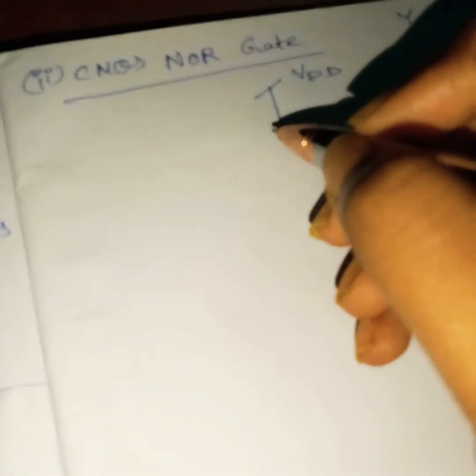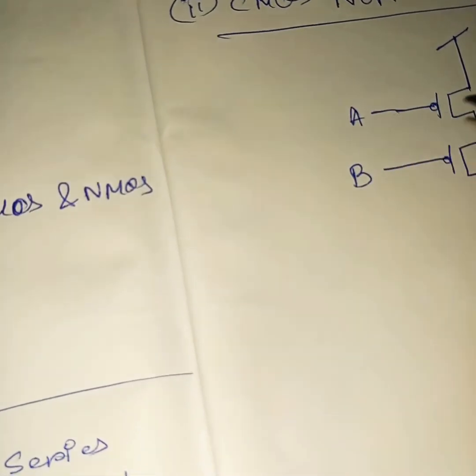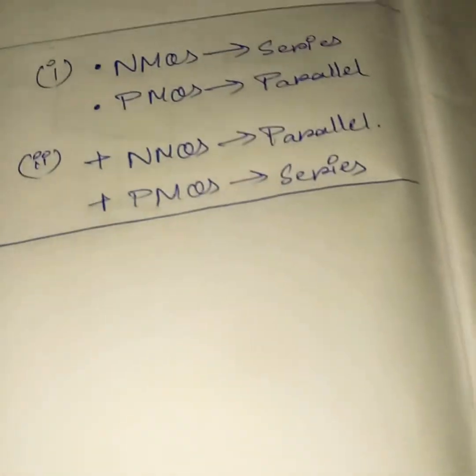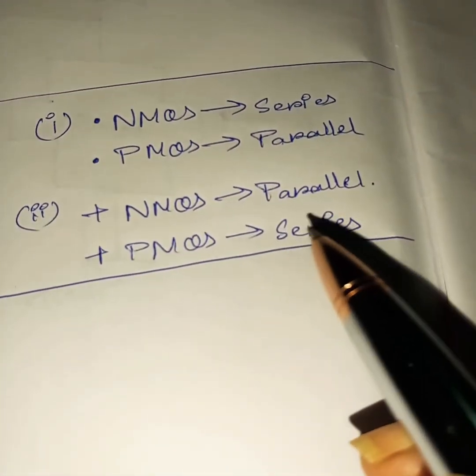Now A and B should be connected in series like this. So for PMOS there will be bubble. A, this is B. And NMOS should be connected in parallel. So just the opposite of NAND gate.